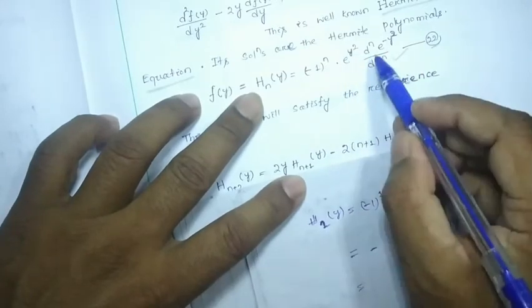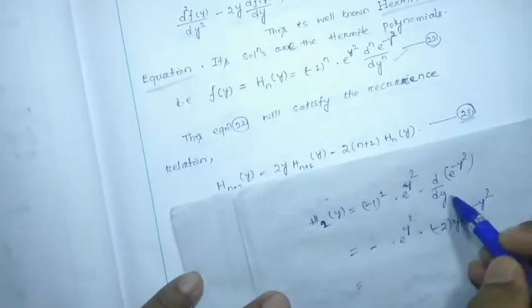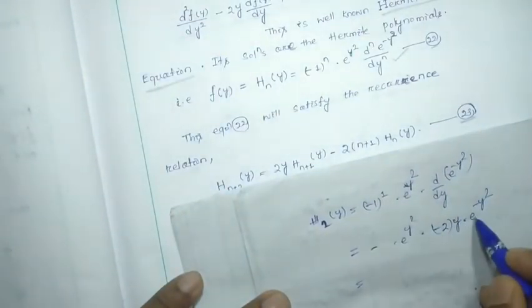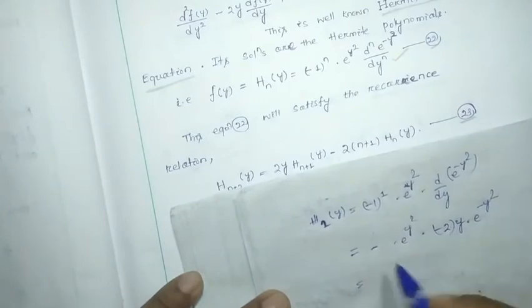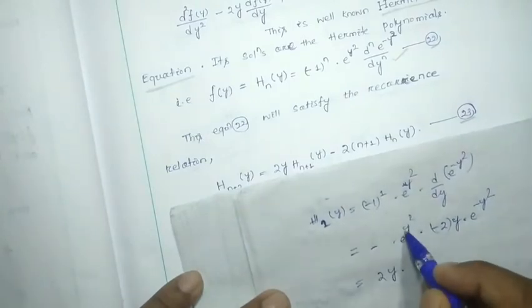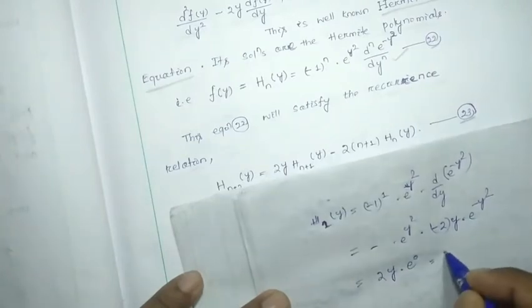We take the first derivative of e to the power minus y square, that means minus 2y e to the power minus y square. Here minus times minus gives plus 2y e to the power y square e to the power minus y square, so e to the power 0. So we found 2y.